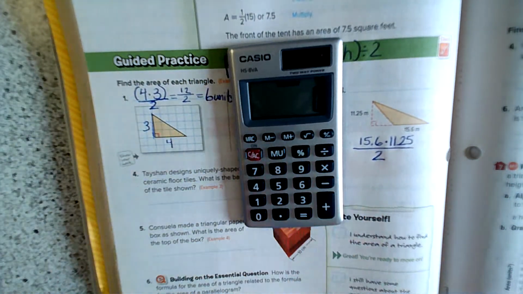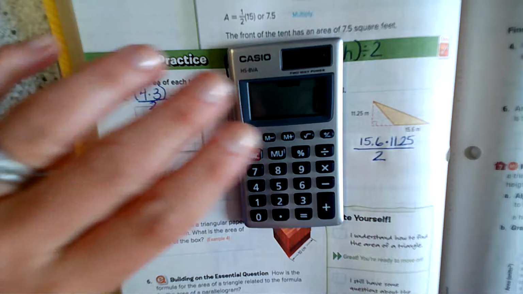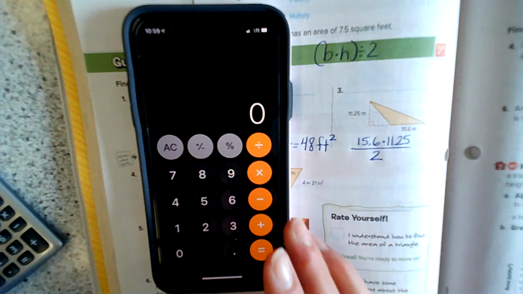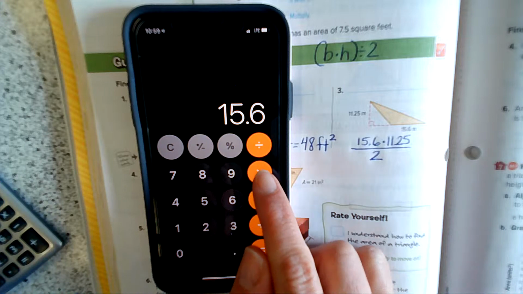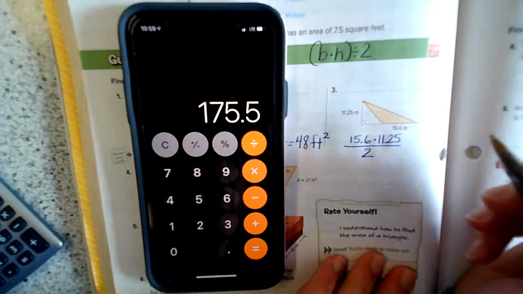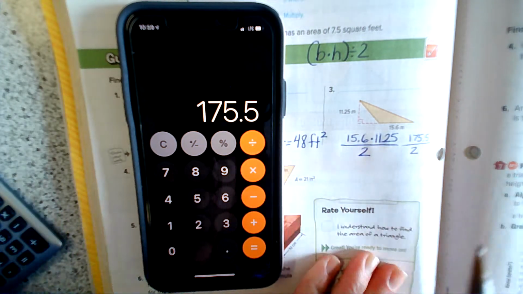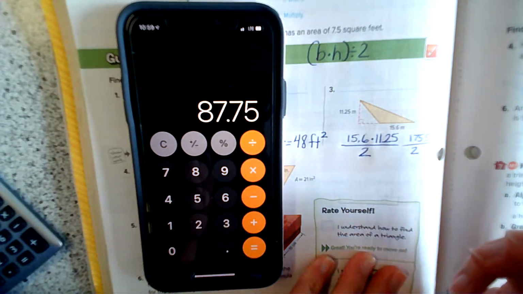I don't know if you can see my calculator very well. It looks kind of dark there, so let me grab my phone. See if that works any better. Yeah. So let's go 15 and 6/10 times 11 and 25/100, and we get 175 and 5/10. Now we have to divide that by 2.